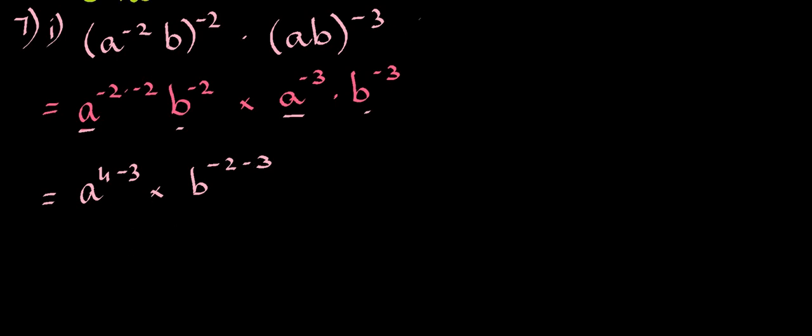So that is equal to a raised to 1 into b raised to minus 5, which I can further write as a upon b raised to 5. My base becomes positive. Okay, this was simple. Let's move ahead to the next sub question.